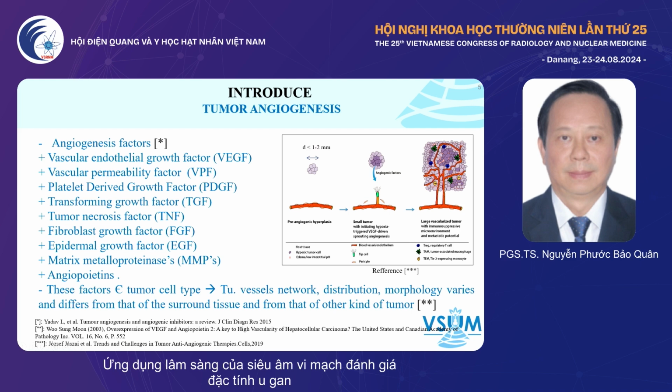These factors depend on the size of the tumor. So the tumor vessel network distribution and morphology is different from that of the surrounding tissue, as well as from that of other kinds of tumor.